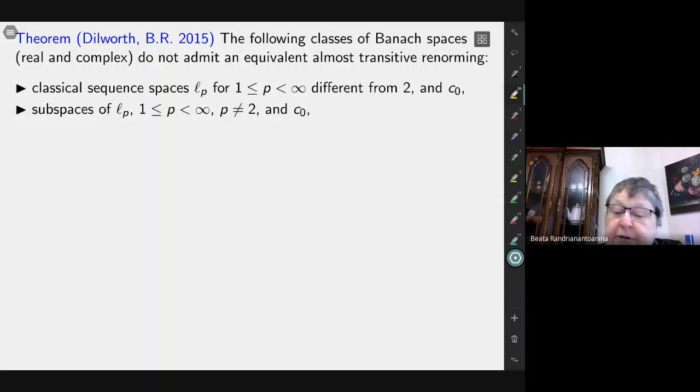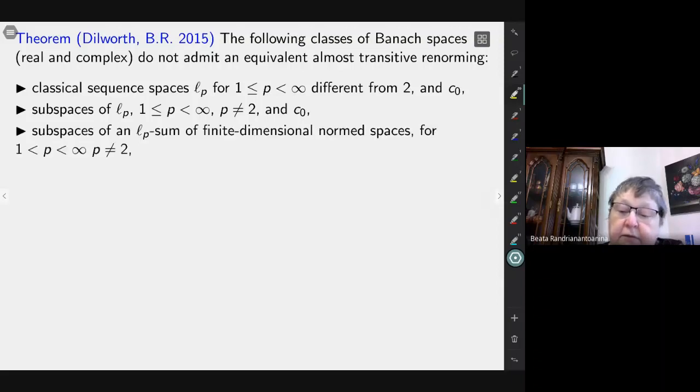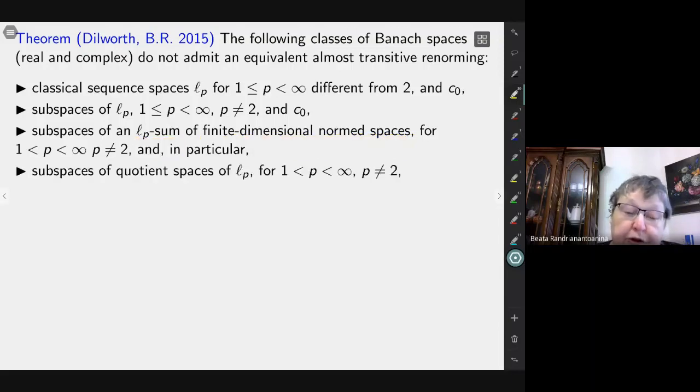None of the subspaces can be renormed to be almost transitive. And none of the subspaces of lp sums of finite dimensional normed spaces can be renormed either, which in particular means that subspaces of quotient spaces of lp cannot be renormed to be almost transitive.